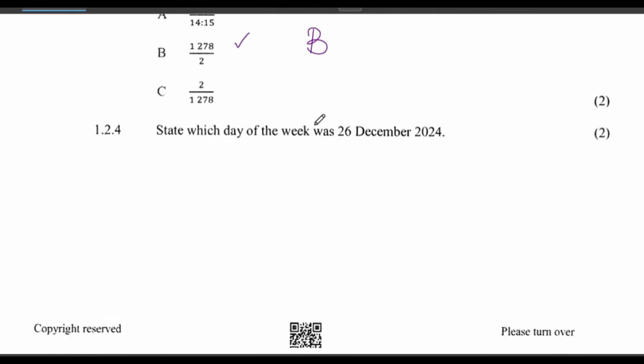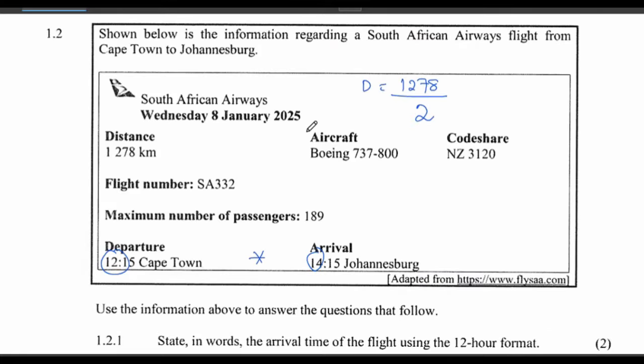State which day of the week was 26th December. When you look at the date here nicely, it says 8th January is a Wednesday. That means last Wednesday it was 1st January. So we start from there: Wednesday, Thursday, Friday, Saturday, Sunday, Monday, and Tuesday.